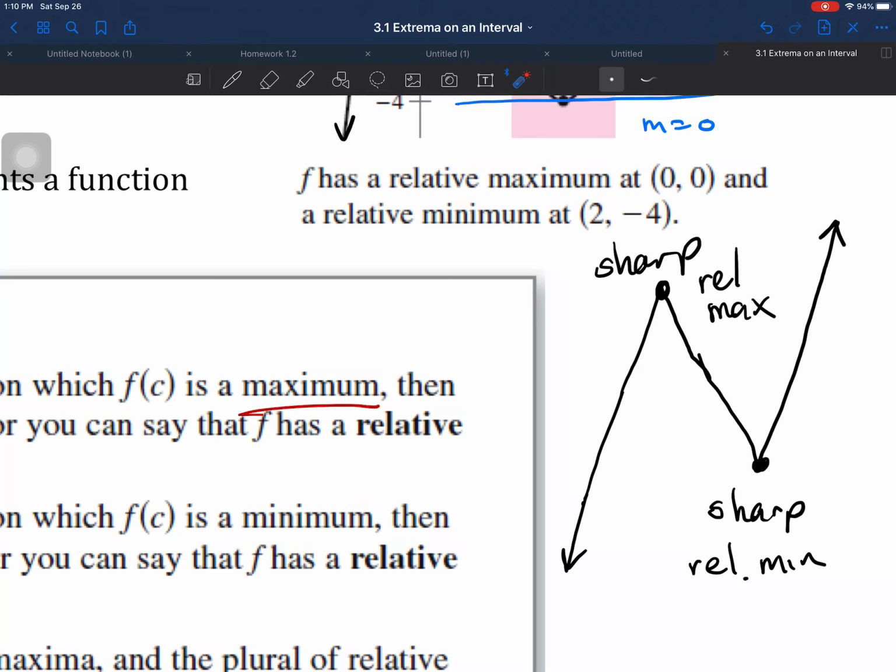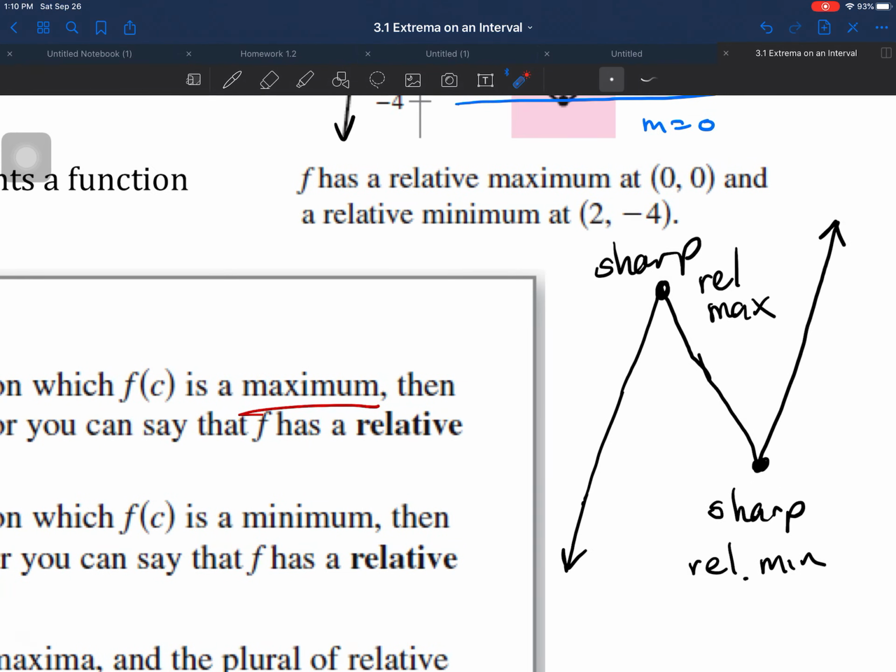We also see here that there is a relative max here. Notice that this is, by definition, the highest point in its immediate surrounding, right? Just like over here, we can see that this is a relative min. By definition, it is the lowest point in its immediate surrounding. There's nothing lower than that.